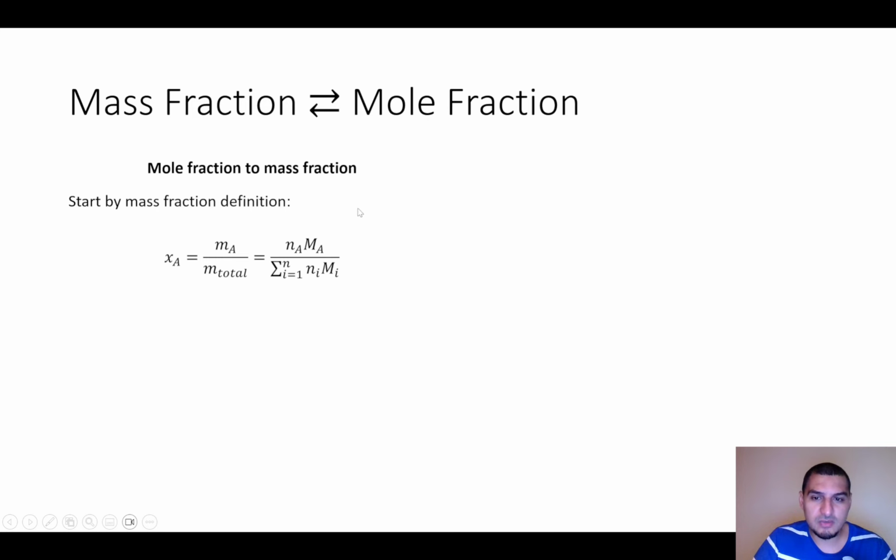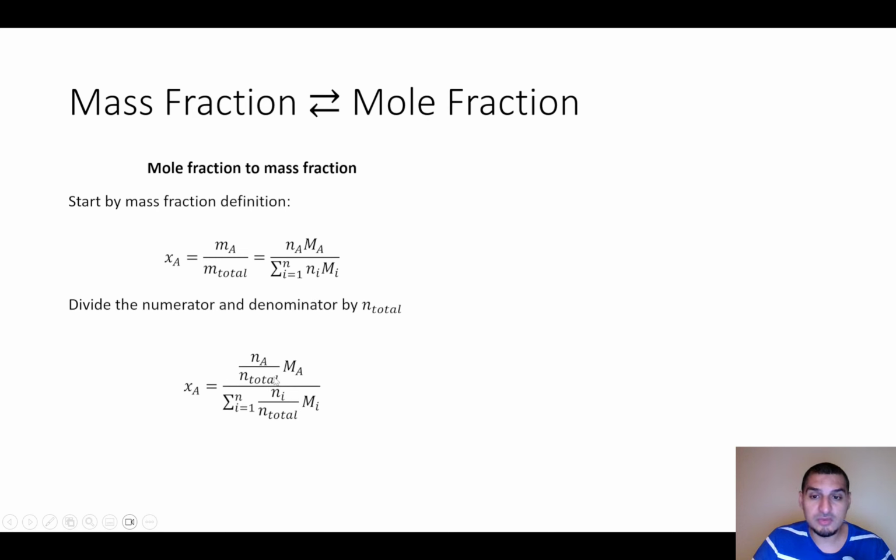So this is the equation that we saw last time, and if you divide the numerator and the denominator by the total number of moles, you will get Na over n total in the numerator, and Ni over n total in the denominator. So you can have this equation here as Ya multiplied by molecular weight of A divided by the summation of Yi divided by molecular weight of I. This is one way to do the calculation without the basis.